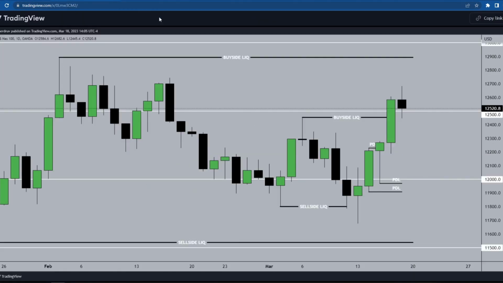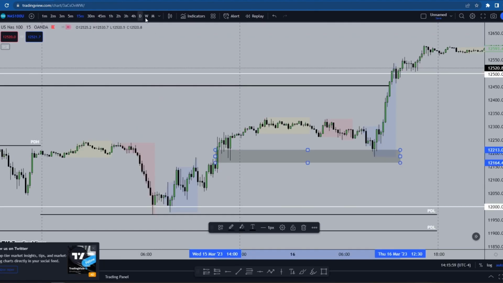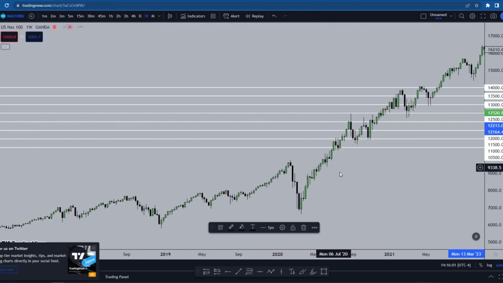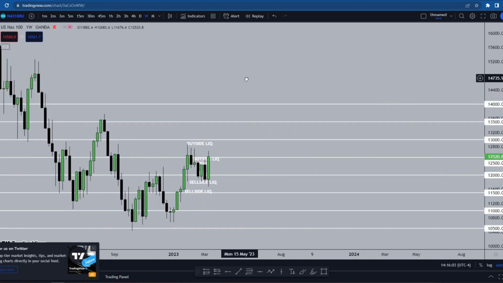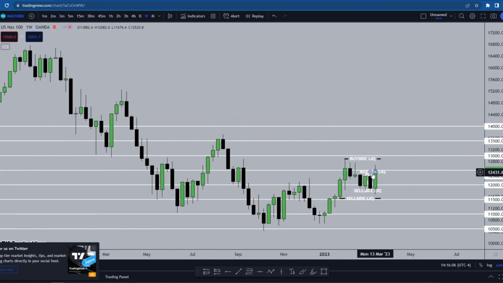And for those who are asking what will be the bias for next week, so for me, I think the next week bias is going to be bullish, okay? And it's going to be bullish because if I look at the weekly time frame, right over here, okay, price has pushed towards the upside and taken this week's high, right?